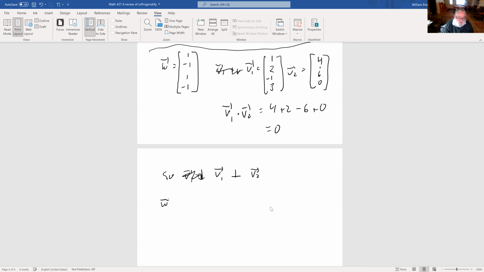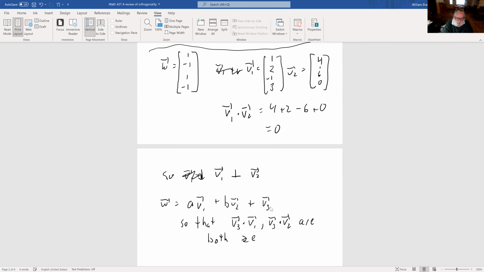Well, W equals A V1 plus B V2 plus a third vector, which we'll call V3.